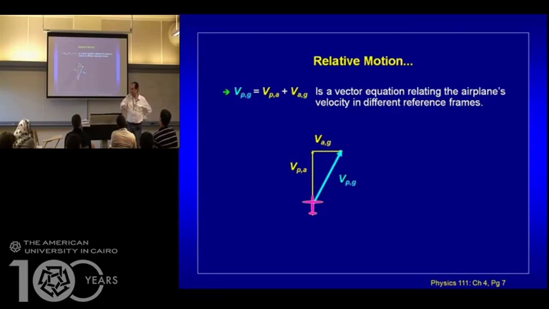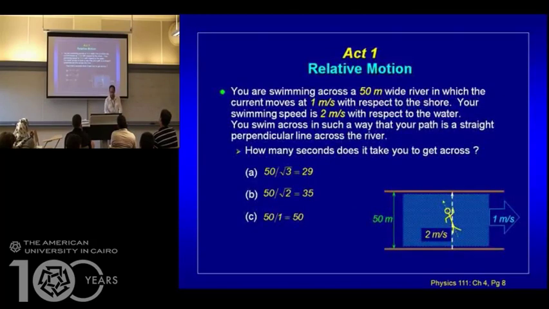My velocity relative to him will be my real velocity, the velocity that I measure, plus the velocity of the air, as vectors. And actually, if you try to swim across a river, and the water flows with some speed, you face the same problem.